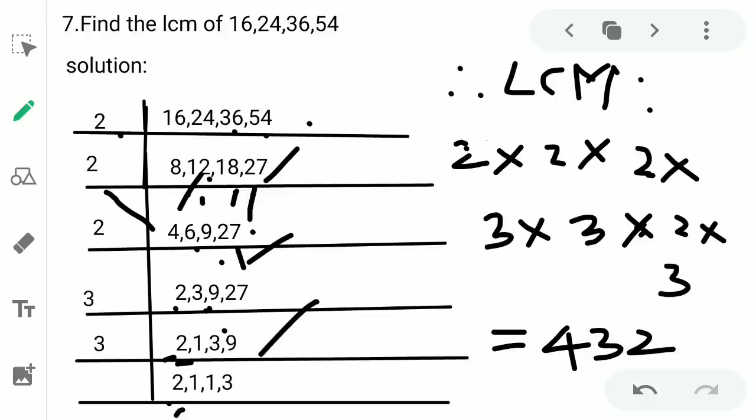And 2 as it is. 3 1 is always 1. 3 1s are 3, 3 3s are 9. Taking LCM for this, 2 into 2 into 2 into 3 into 3, and here we have 2 into 3. When I multiply this, I am getting the answer as 432.